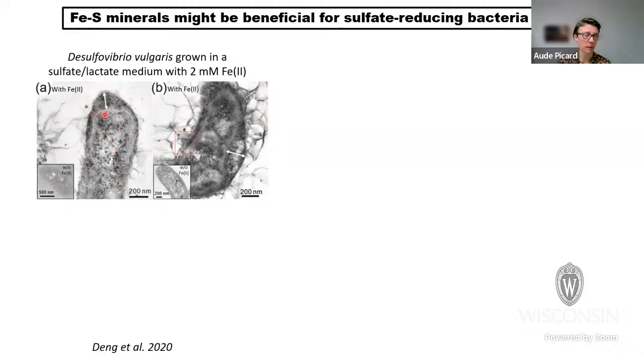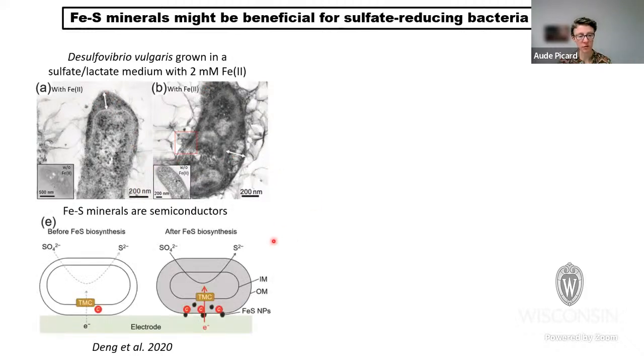It's not really massive, but you have minerals on the outside. It seems that there are particles in the periplasm, and their model is that there's a potential for increasing electron transport to the cell to produce energy when they have those nanoparticles precipitated.